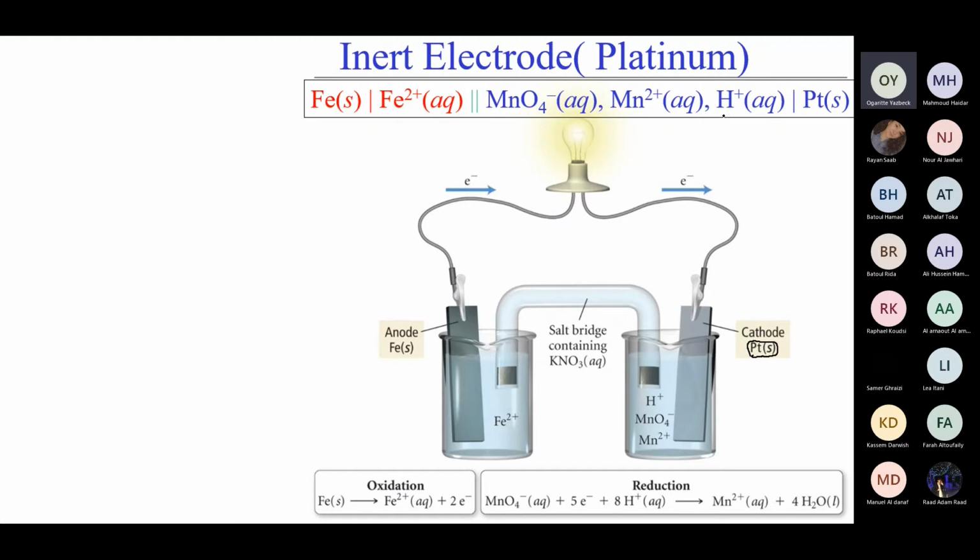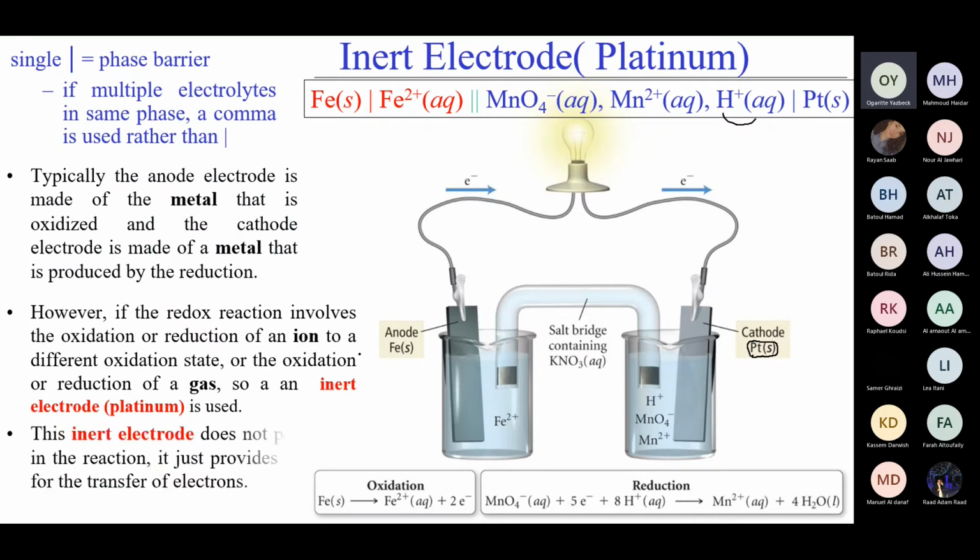Some people prefer to always leave the H plus on an end. It doesn't matter. Once aqueous species are together, they're not necessarily in the same order as written in the equation. We must separate the platinum from this aqueous by a line. Okay, single line, metals inert. So the inert electrode, like we said, does not participate in the reaction.